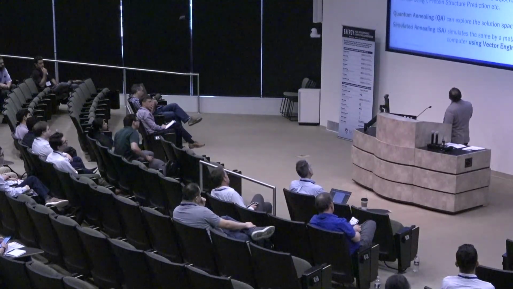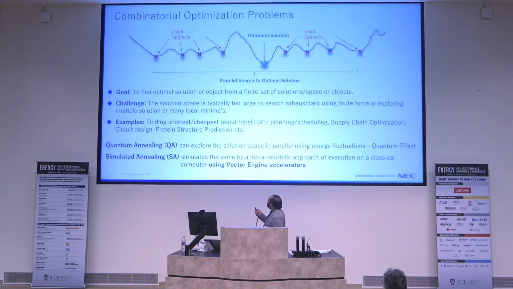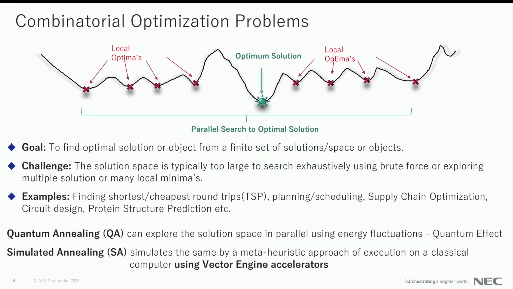If you look at this solution space as the energy spectrum for a quantum system, then you will see that the optimal solution is at the lowest energy state, and we can consider this as a minimization problem. In this context, you can solve a combinatorial problem by using quantum annealing.